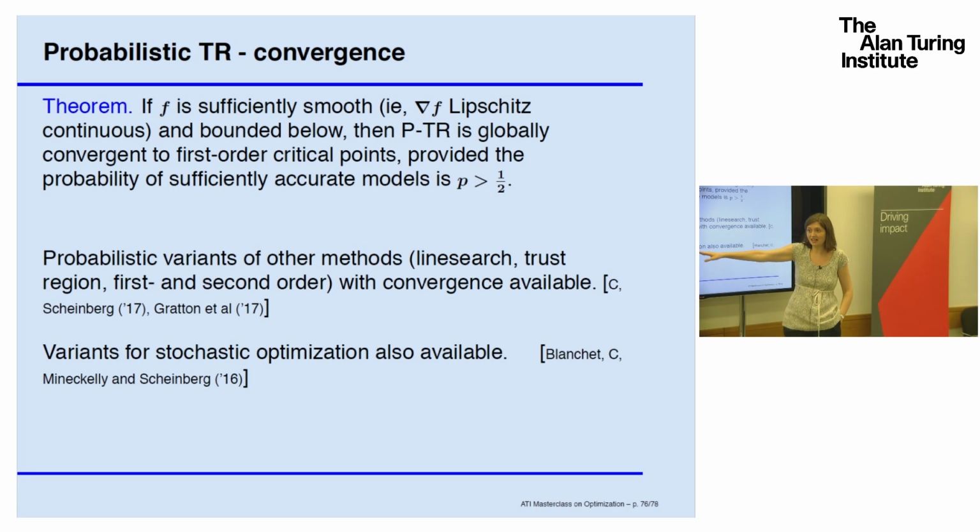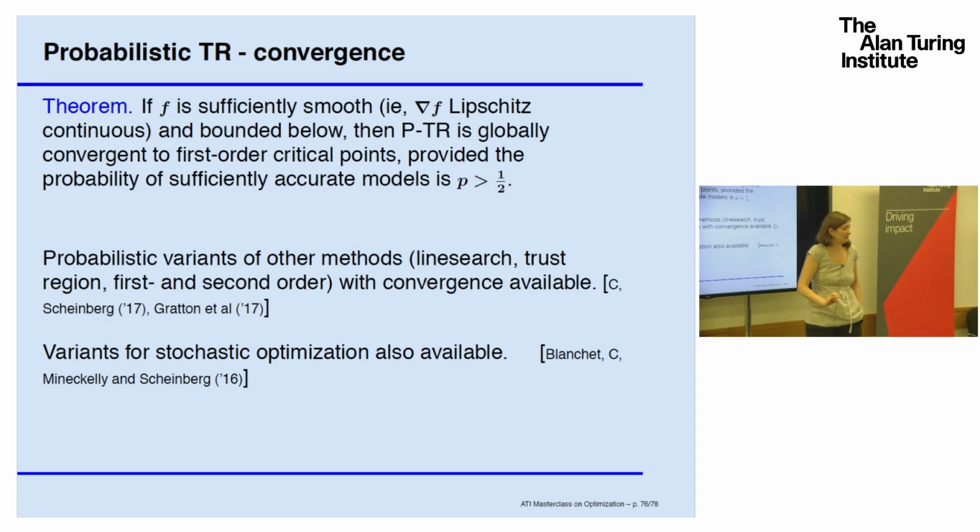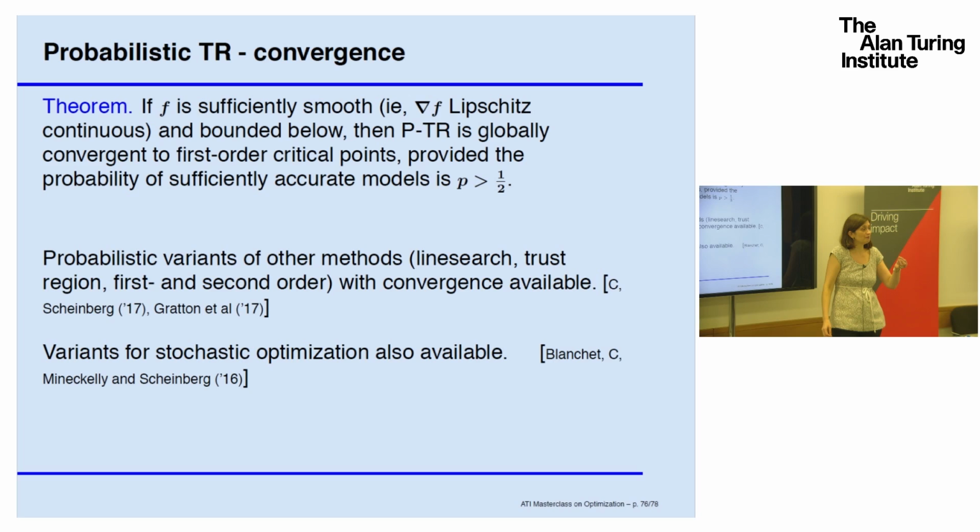Provided when I evaluate my f, I redraw, I re-evaluate, I draw an independent sample from the sample of the model, then we can have our framework. So in other words, in this kind of framework, we say, OK, the model is sufficiently accurate with a certain probability. The function values are sufficiently accurate with a certain probability.